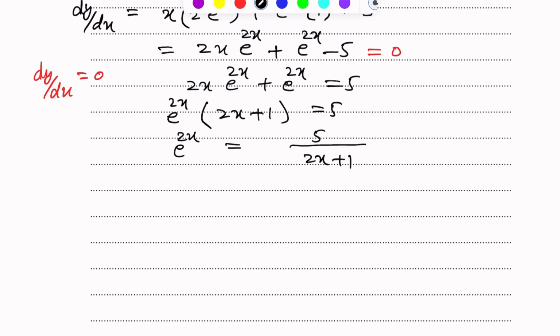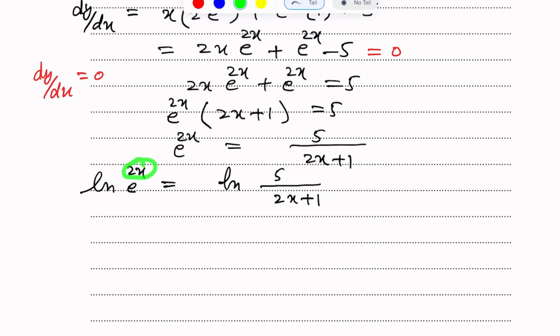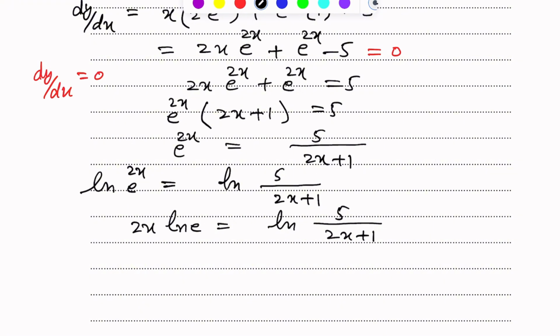Taking log each side, log e power 2x is equal to log 5 over 2x plus 1. Due to log properties, this 2x, which is the power of e, comes down before the log. It becomes 2x log e is equal to log 5 over 2x plus 1.